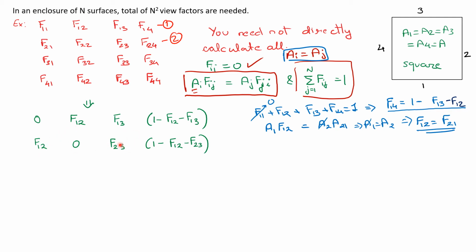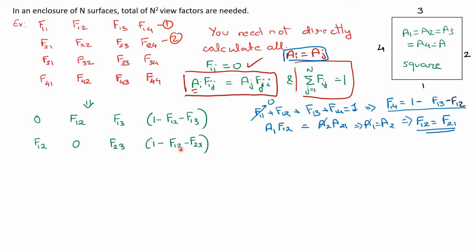We don't have any relation for F23 yet, so F23 will remain F23, F22 will be 0, and again F24 can be written using reciprocity and the summation rule. So the summation of F21, F23 plus F24 will be equal to 1, and similarly your F24 will be 1 minus F23 minus F12.